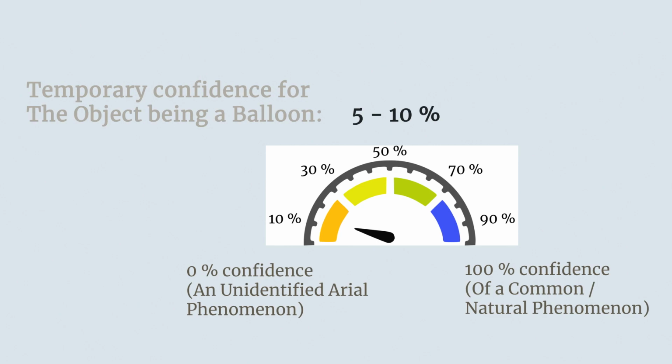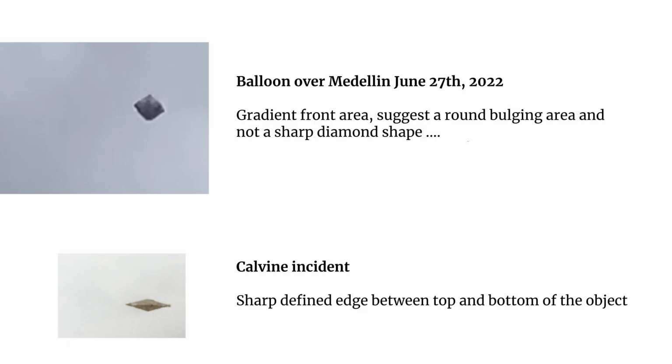The straight lines of those balloons should immediately push the identification meter up to 5 or 10%, but the cloth-like skin of Mecha balloons shows that a slight bulging effect still affects the shape. At the front of the balloon, the shadow contours contain a gradient and not a sharp line like the diamond shape from Calvine.